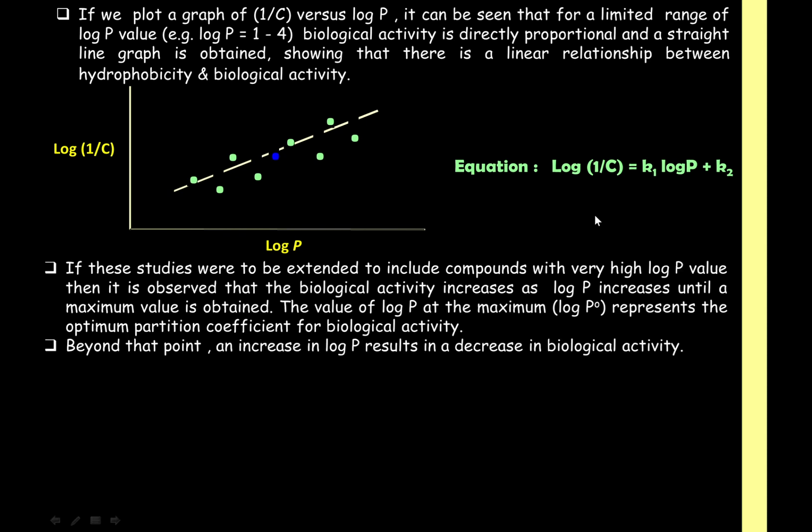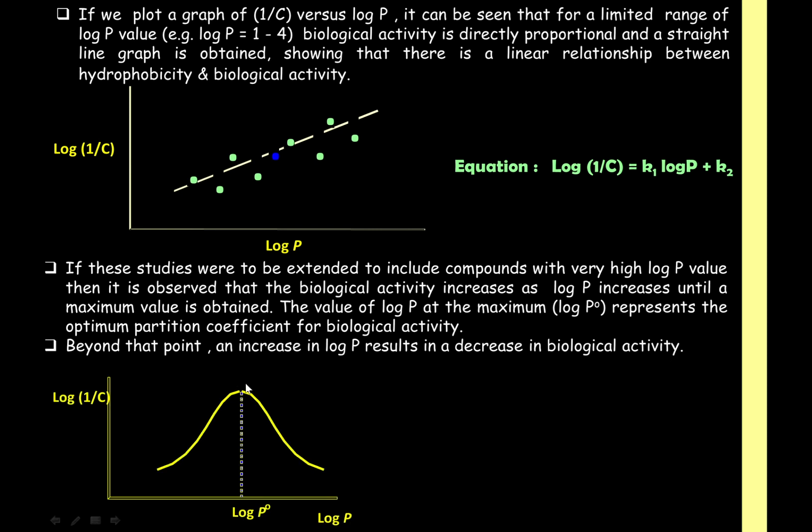However, it does not happen like that. If we increase the number of compounds, you are bound to land up with an increment in log P to such an extent that at one particular point you will reach an optimum activity value, which is called the cutoff point, that is, a maximum or optimum log P. Beyond that point, any increase in log P will result in a decrease in the biological activity. So there will be a fall.